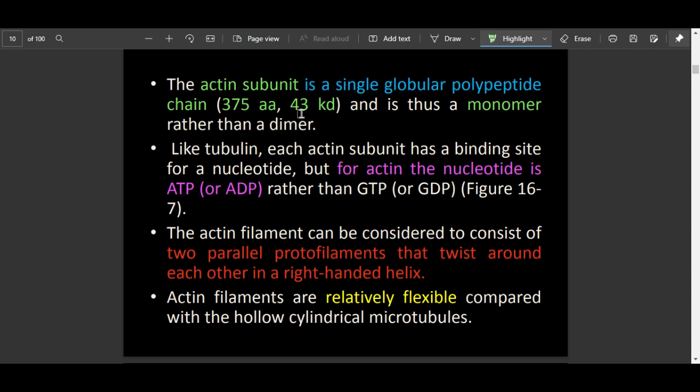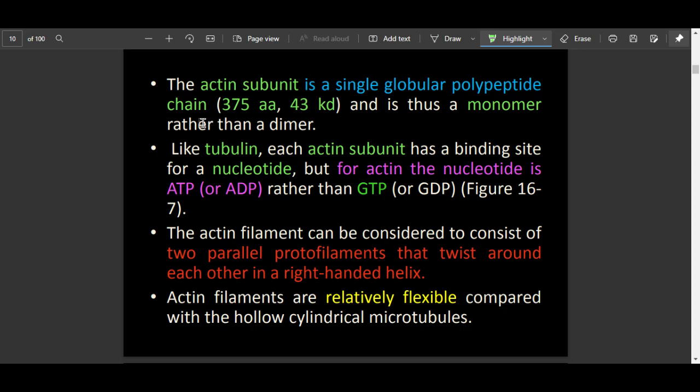Like tubulin, each actin subunit has a binding site for a nucleotide, but for actin, the nucleotide is ATP rather than GTP.